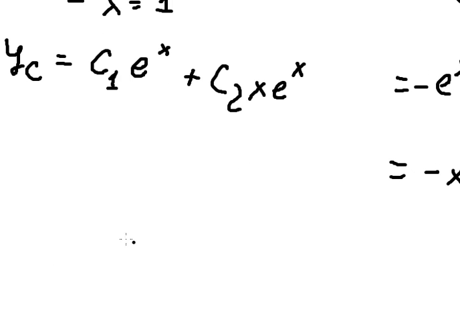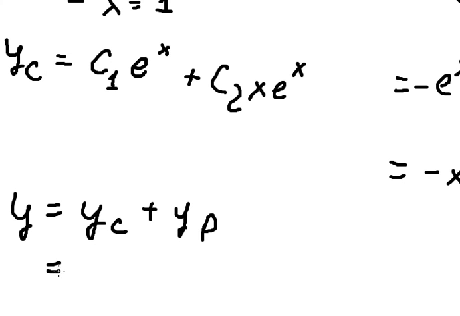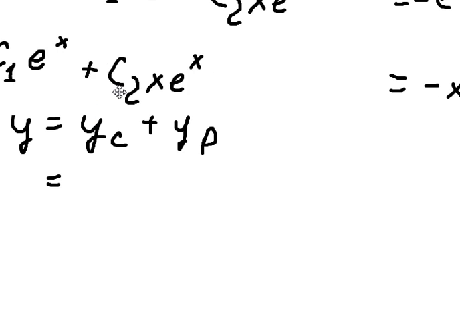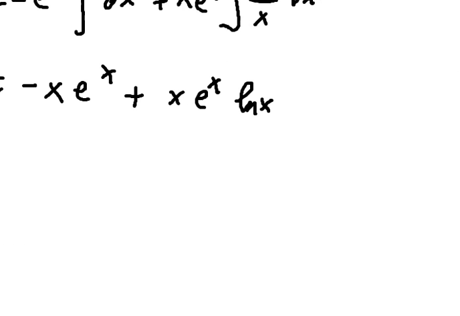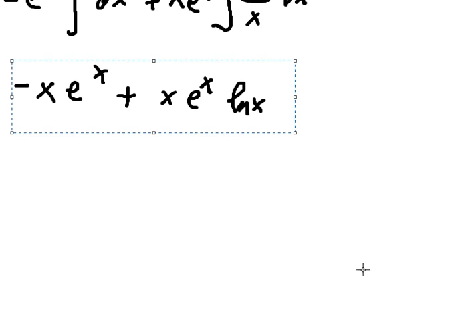So we combine y equals yc plus yp. So yc is this one, and yp is this one.